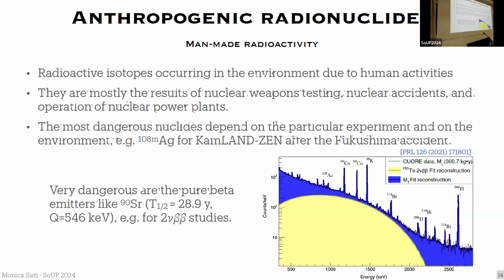So in this case it is an anthropogenic nuclide. Cobalt-60 may also be anthropogenic, but in this case it is cosmic activation.